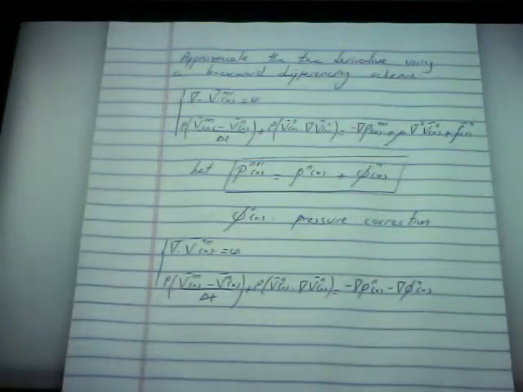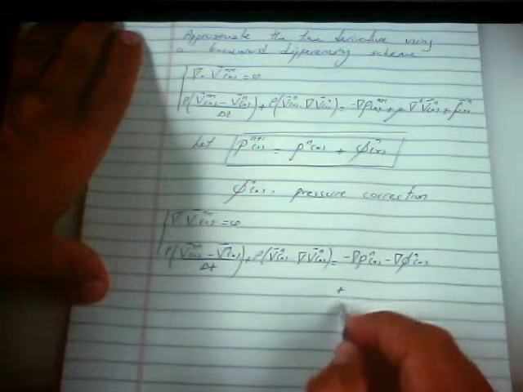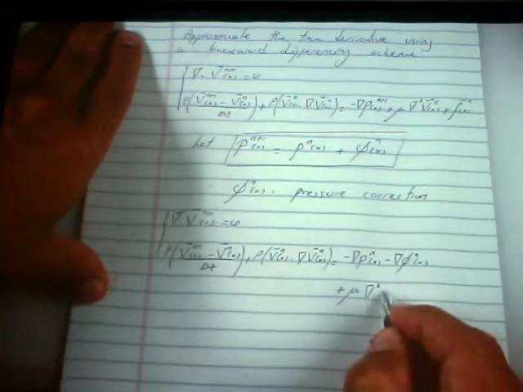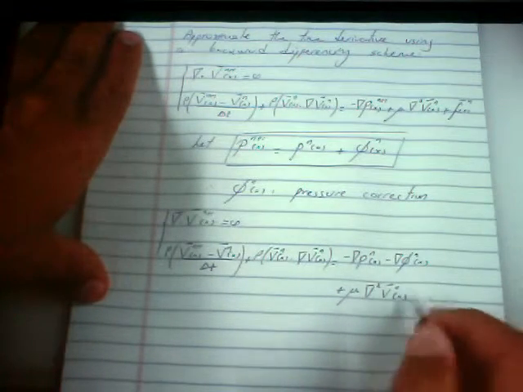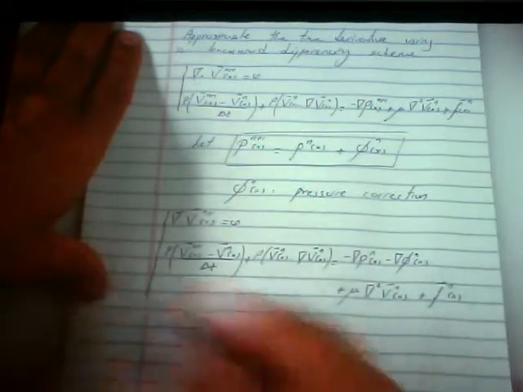So we broke that up into two. And then we have plus mu times the Laplace of V, plus F. All right.